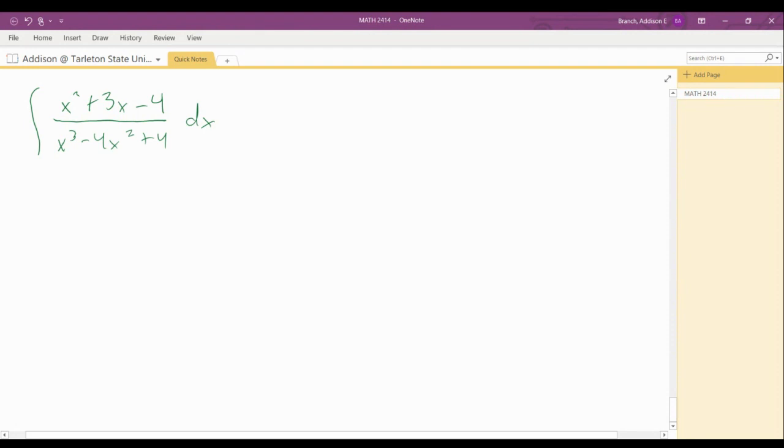We see that the power on the denominator is higher, so we don't have to do long division. That's great, you don't have to do that extra step. So now it's just a matter of doing our decomposition.